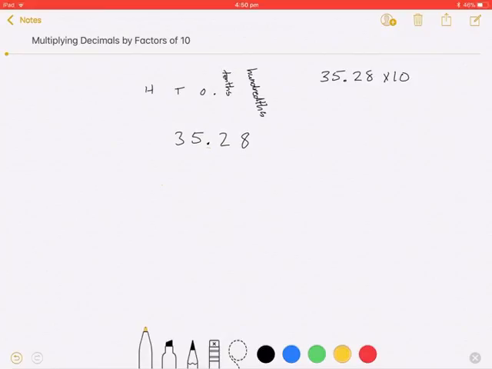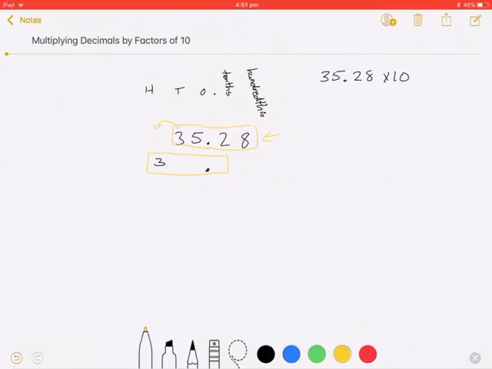So I take my number as it is and I shove it over. So I'm moving that box over here. All of those digits are going to move over a place, but my decimal place stays in the same spot. So that means my 3 is going to move from there to there.